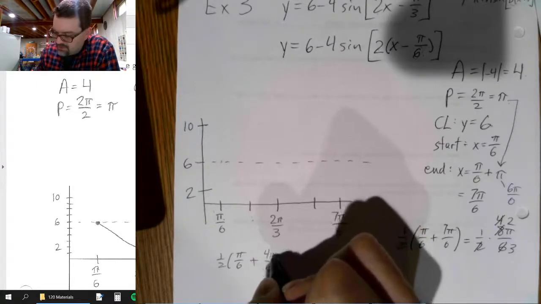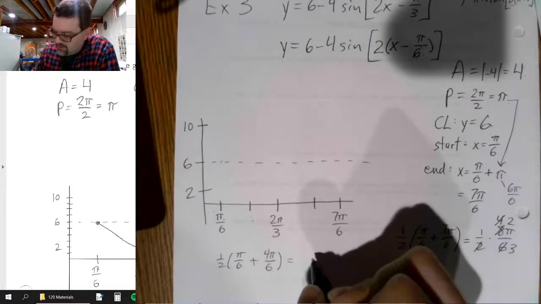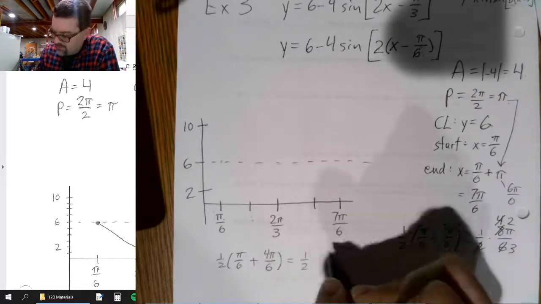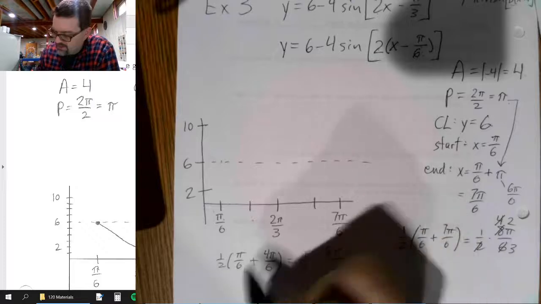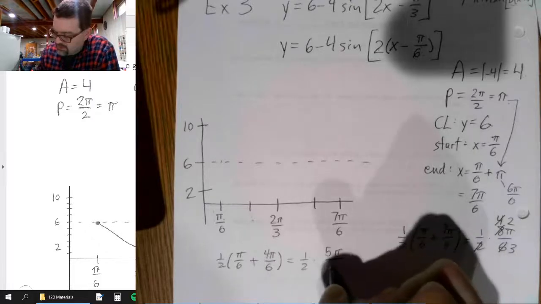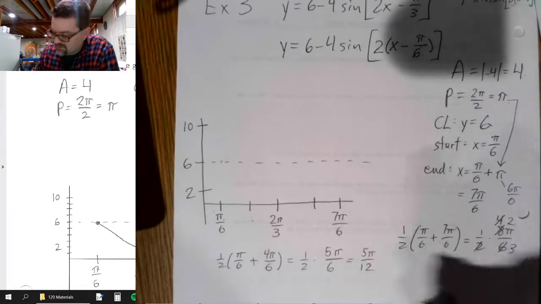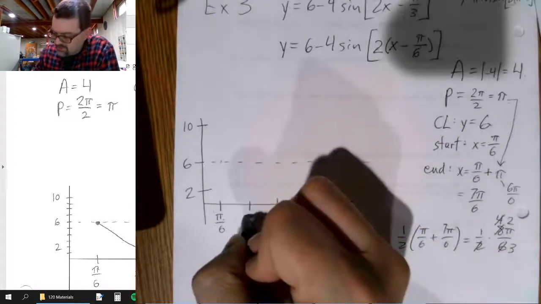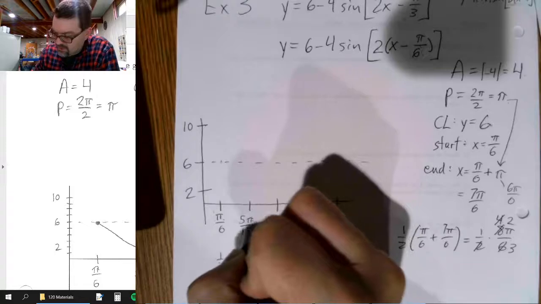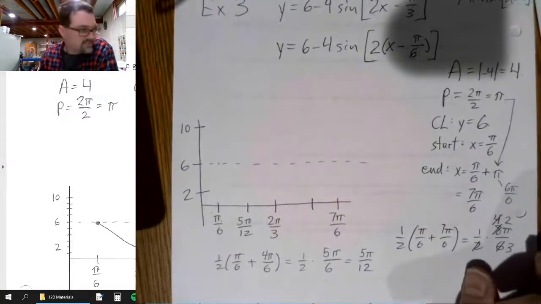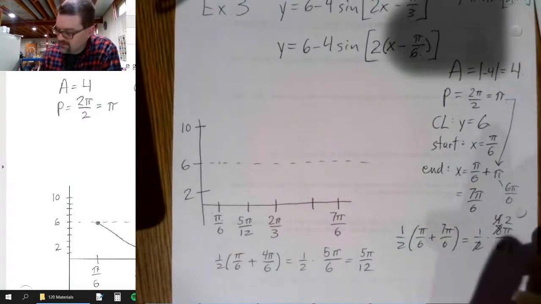So I got to double the top too. And we end up with 1/2, total of 5 pi's on top, 1 plus 4. 6 on the bottom, and actually nothing cancels this time. 2 times 6, though, makes 12, so 5 pi over 12. Lovely collection of different denominators here.